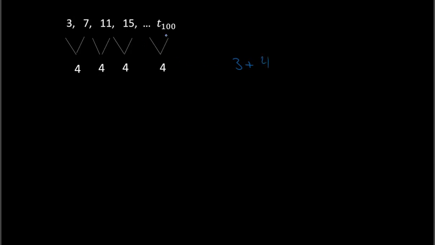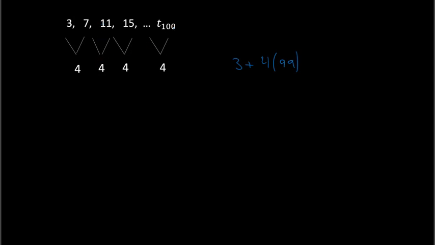Be careful. We see the number 100, but we're not adding 100 4s. We're actually adding 99 4s, because the first term is a 3 already. To get to the second term, we add 1 four. To get to the third term, we don't add 3 4s, we add 2 4s.